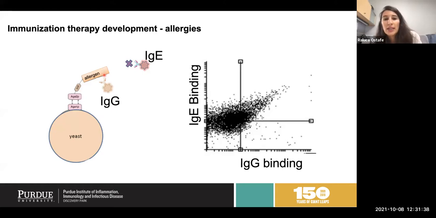We created a library and then we screened that library against patients, people that actually had an allergy to kiwi. We took their serum and tried to see which mutant of this allergen gives a good response for the antibodies IgG versus IgE. IgE are the antibodies that are releasing an allergic reaction, and we don't want them to be released. If IgG antibodies are present, they are basically neutralizing the antigen and preventing the immune reaction.